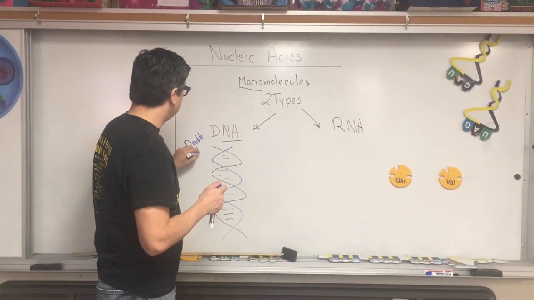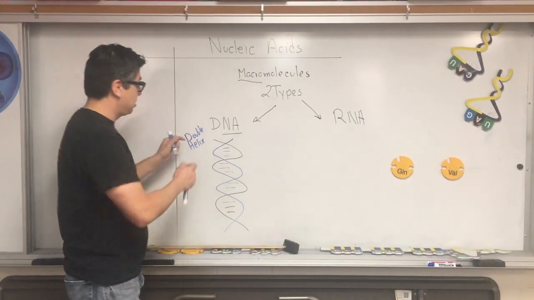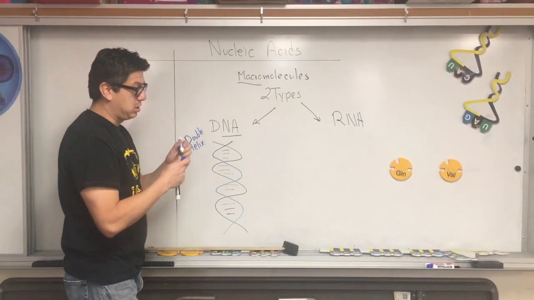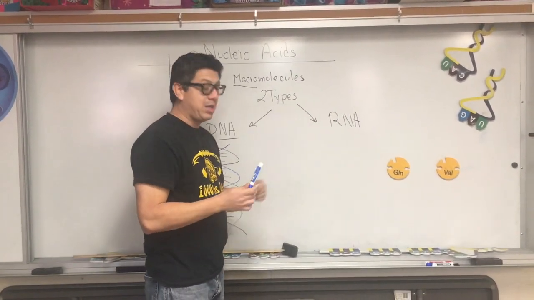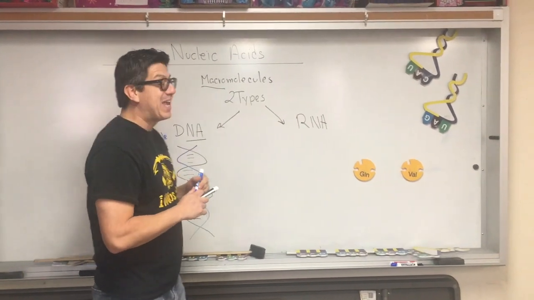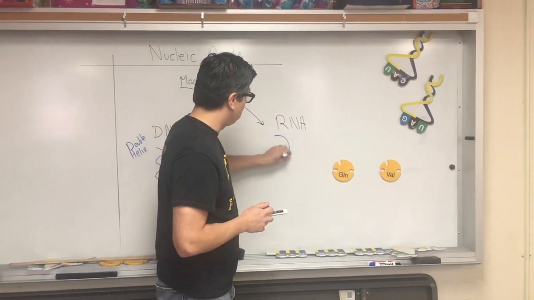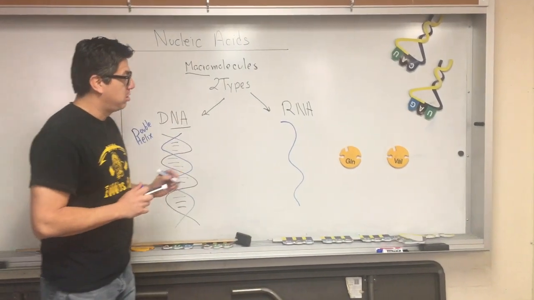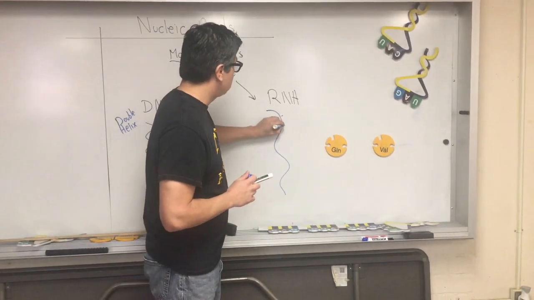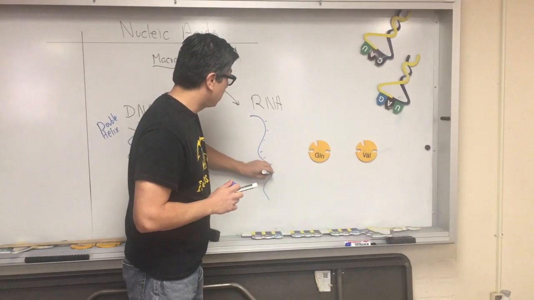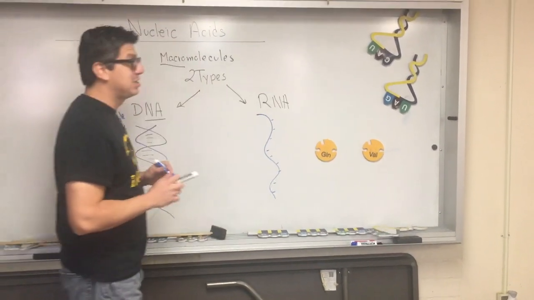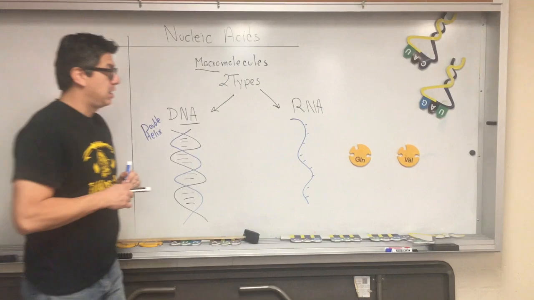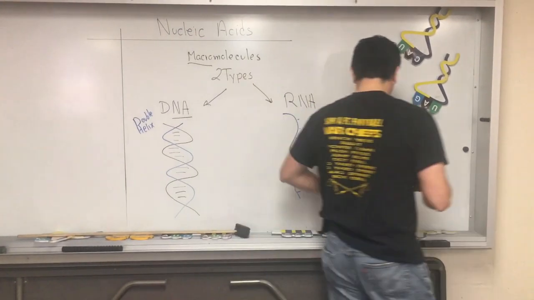It has a double helix, basically two sides twisted. RNA, on the other hand, is a single-stranded molecule, and both of these molecules are made out of things called nucleotides.